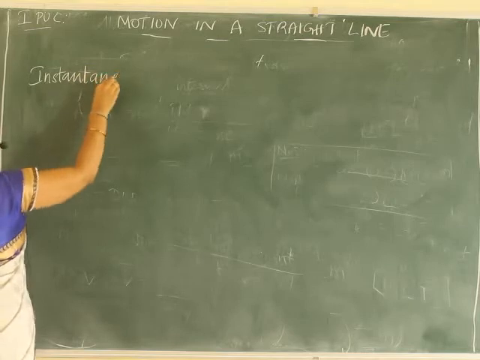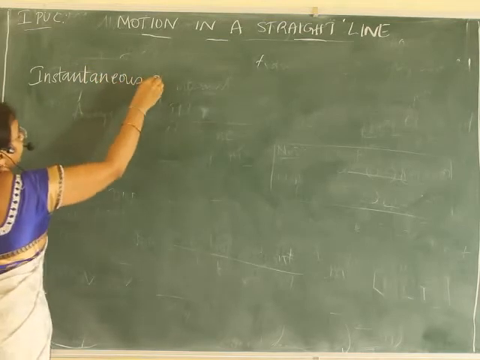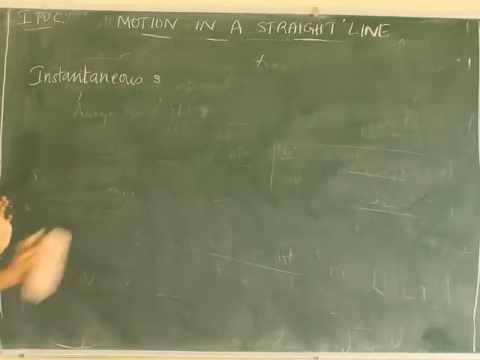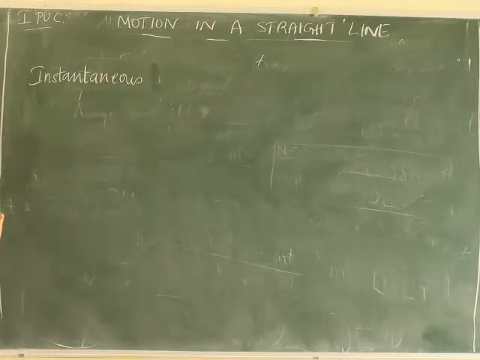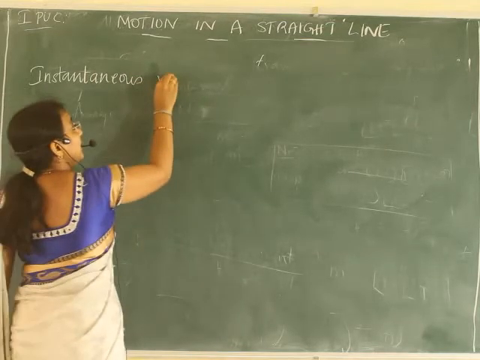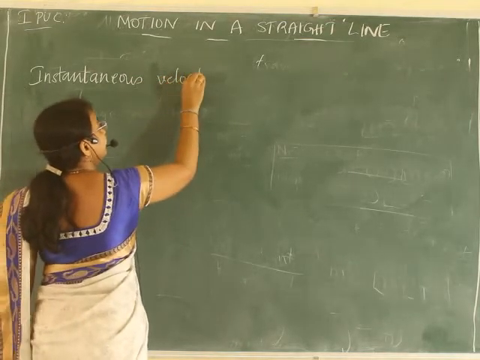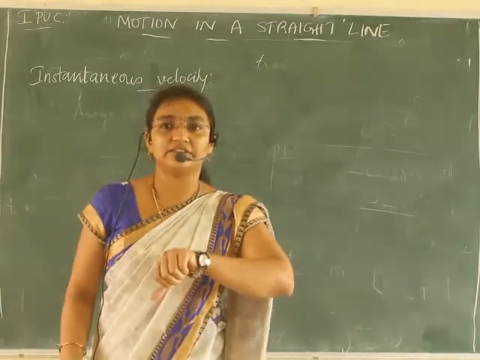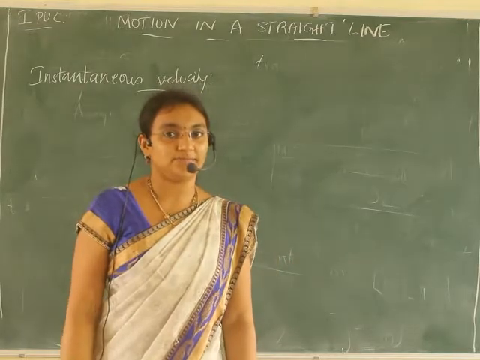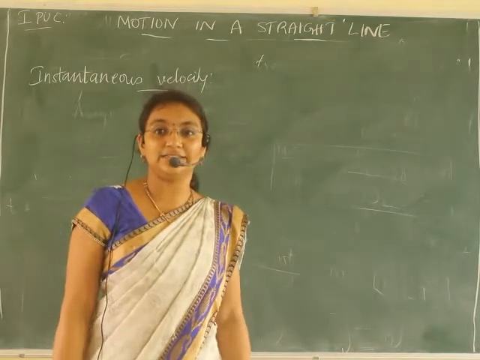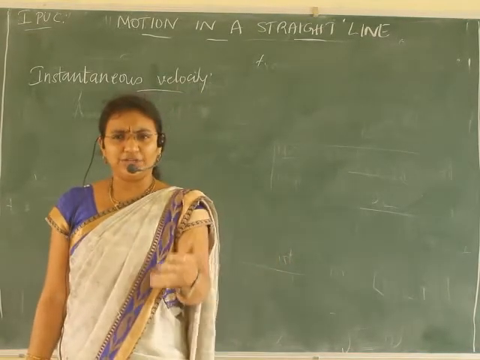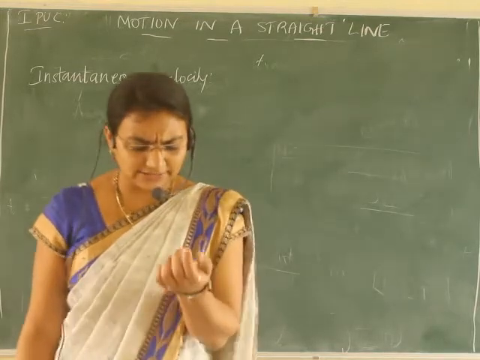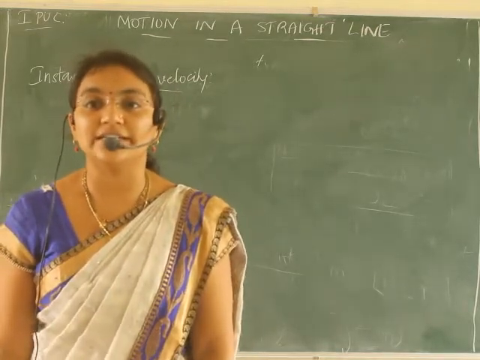Instantaneous speed, velocity. I'll speak about velocity first. Instantaneous velocity. At that particular instant, what was the velocity? It is nothing but instantaneous velocity. You're moving. At that particular instant, what is your velocity?